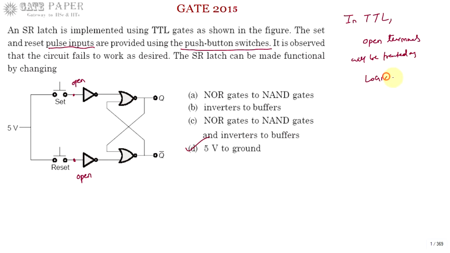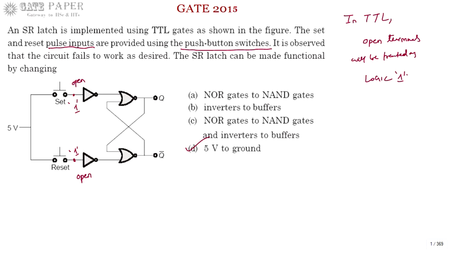They are at logic 1. Whenever it is open, the logic present over here is 1. This is the meaning of TTL gates. For TTL gates, open terminals, mainly open inputs, are treated as being at logic 1.